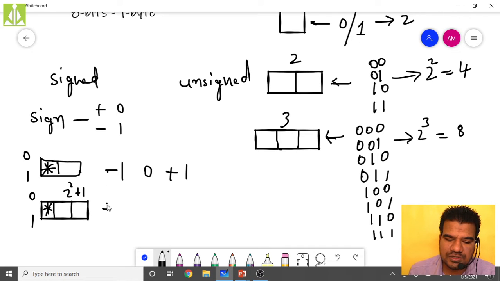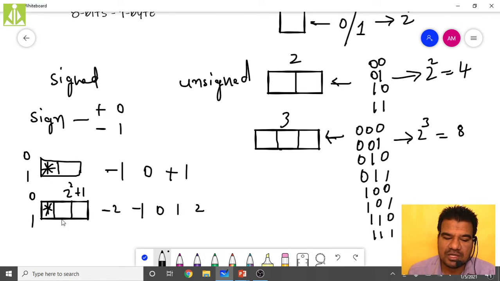Positive 2, positive 1, and on the left side we always take negative values, so negative 2, negative 1, 0, 1, 2.